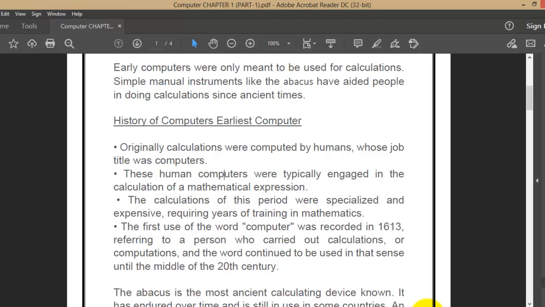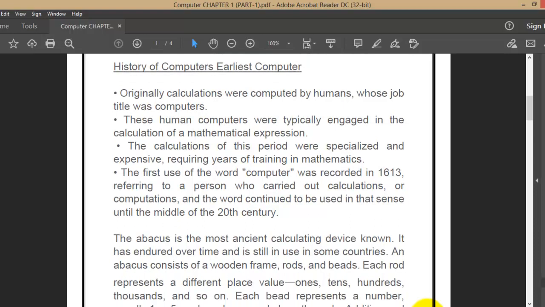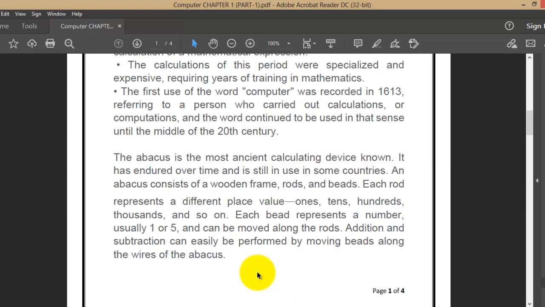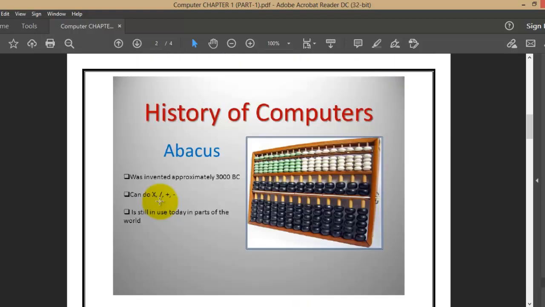So it's not a new word that was just named when the device was invented. Before inventing the device, this word had been in use many years back. So this was the person before the computer device was developed. We used to call a person a computer.